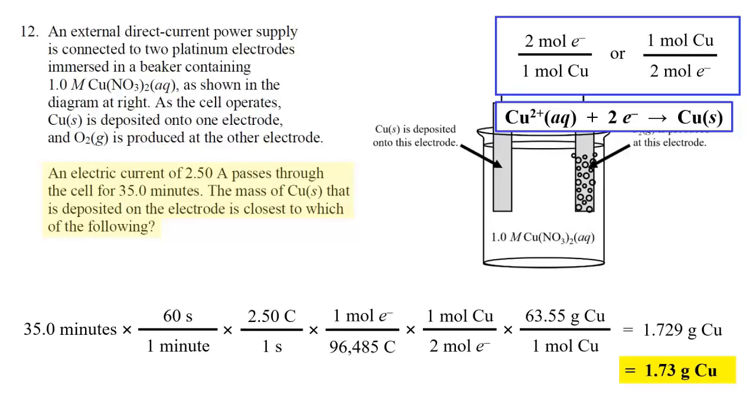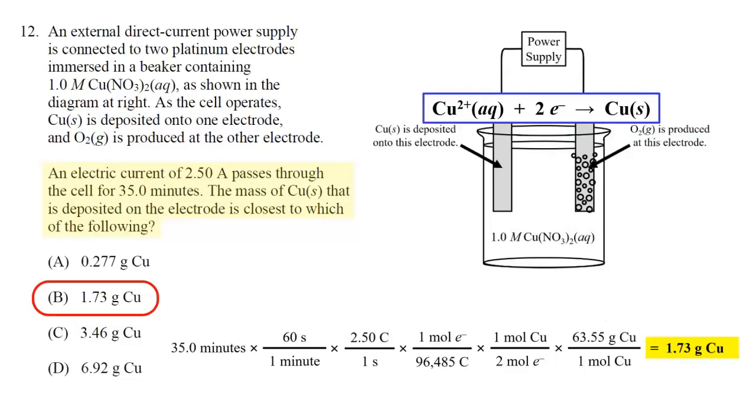Considering the 4 choices in question 12, 1.73 grams of copper, that makes B the correct answer. We went from minutes to seconds, seconds to coulombs, coulombs to moles of electrons, from moles of electrons to moles of copper, and then finally from moles of copper to grams. So the correct answer to question 12 is choice B.